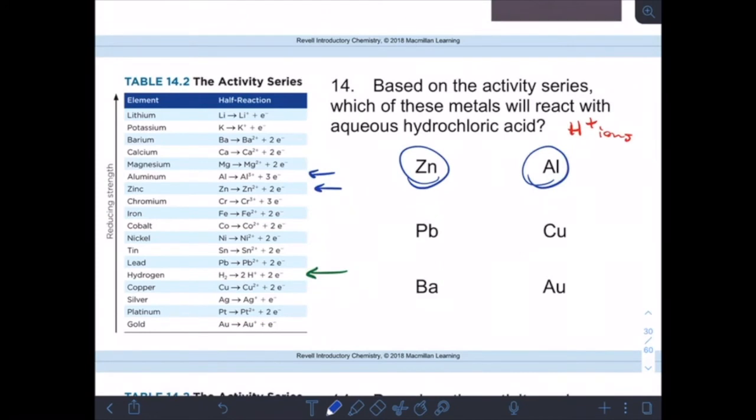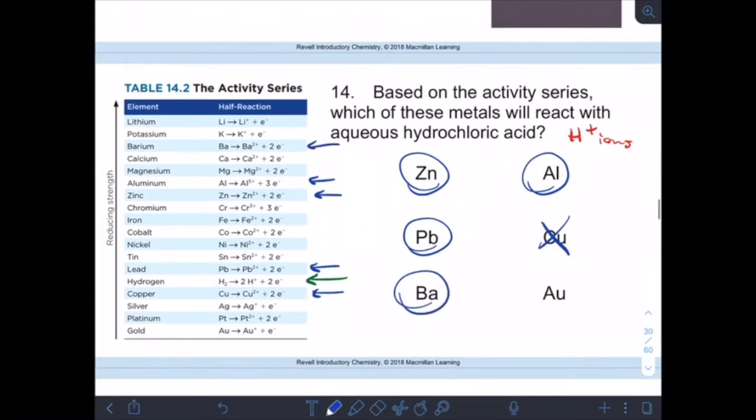Lead, let's find lead. Lead is just barely higher up, so it will react. Copper is just below, so it will not. Barium, close to the top of the table, definitely going to react. And gold, way down at the bottom, will not react.